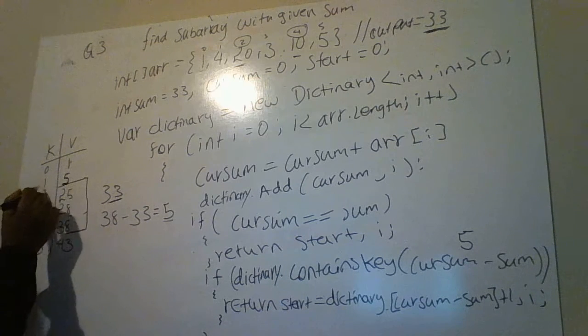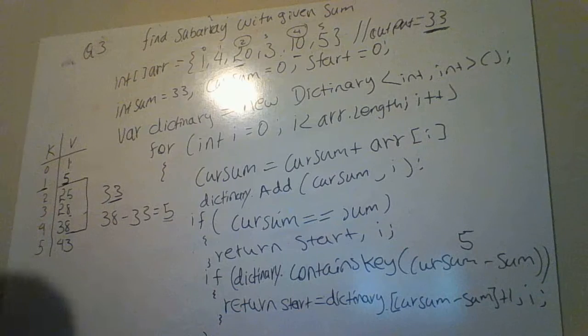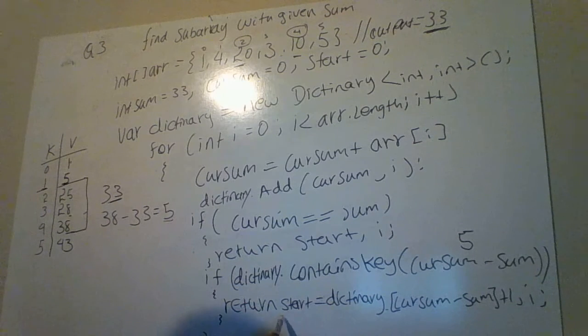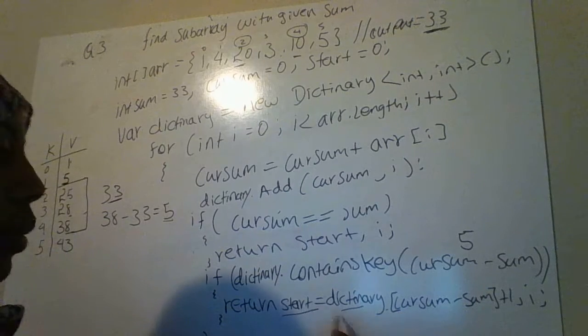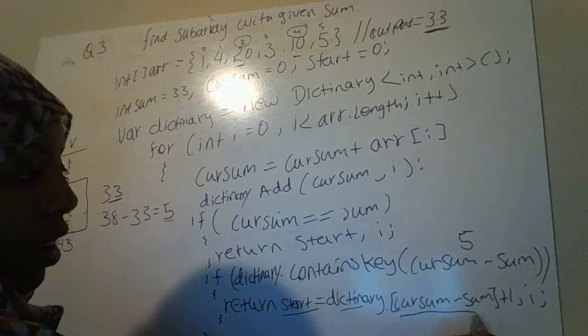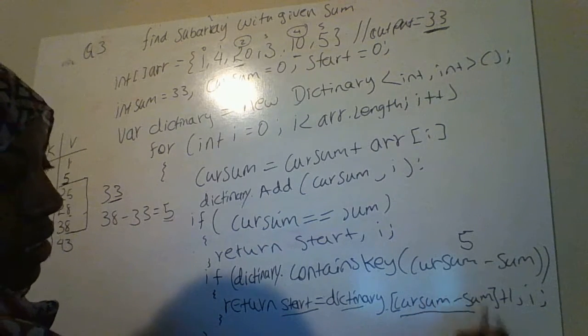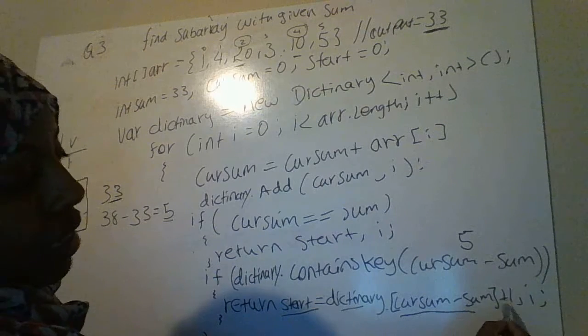And then it looks like here at index 1 we had 5. So in that case I'm gonna return dictionary where current sum minus sum, plus 1.